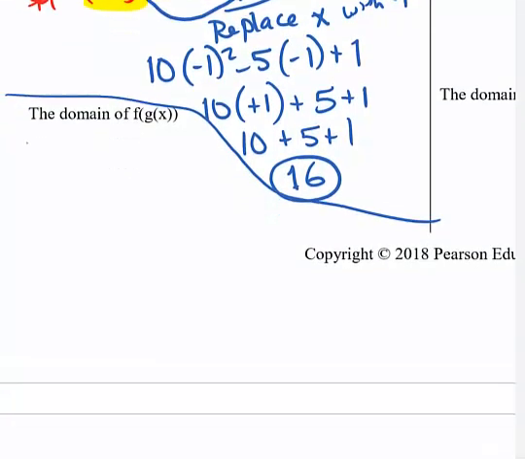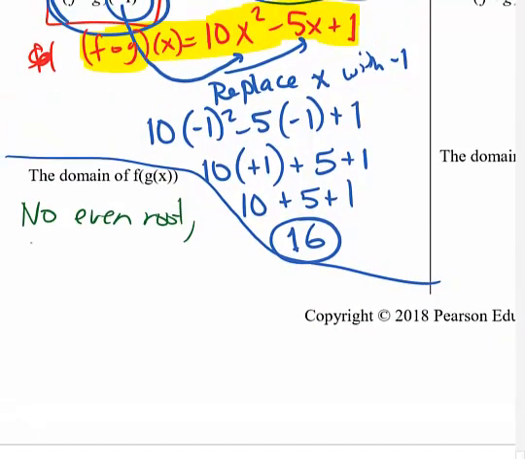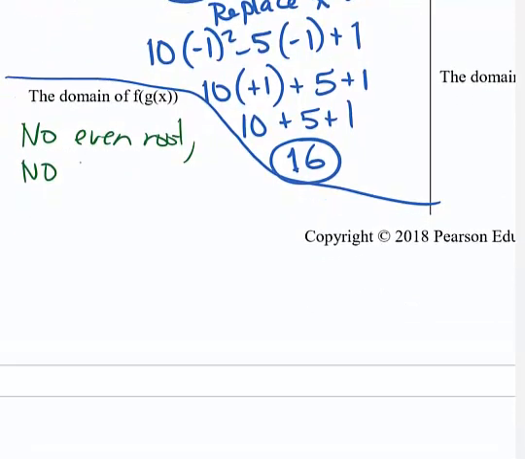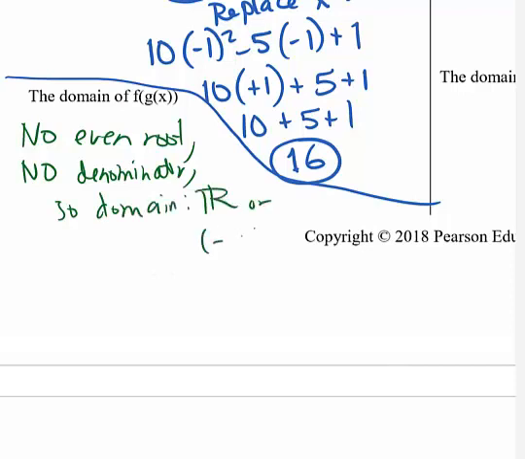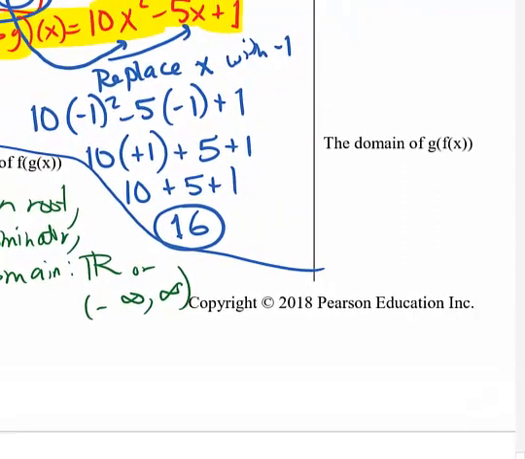You don't have to write that down if you don't want, but this is what's going on in my head. No even root. And I look at it also, and there's no denominator. So the domain is all real numbers. That's what we decided in the beginning of this section. Domain, all real numbers, or if you want to write it in interval notation, negative infinity to infinity.